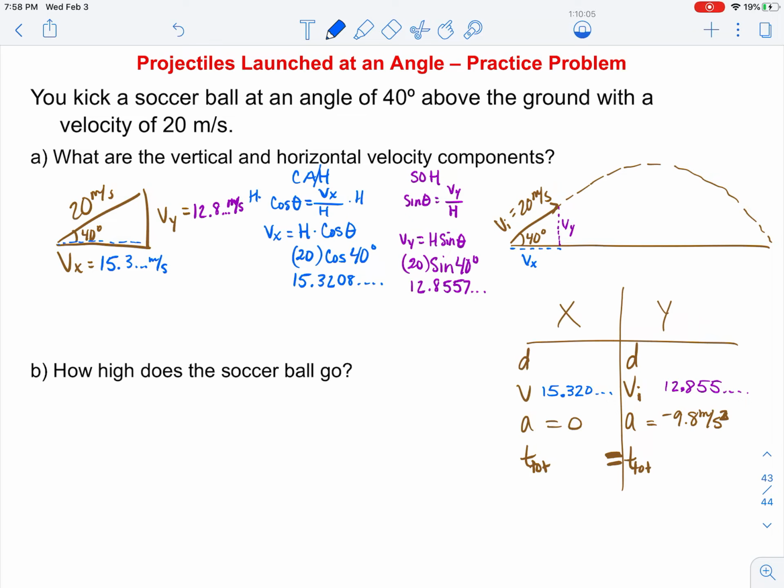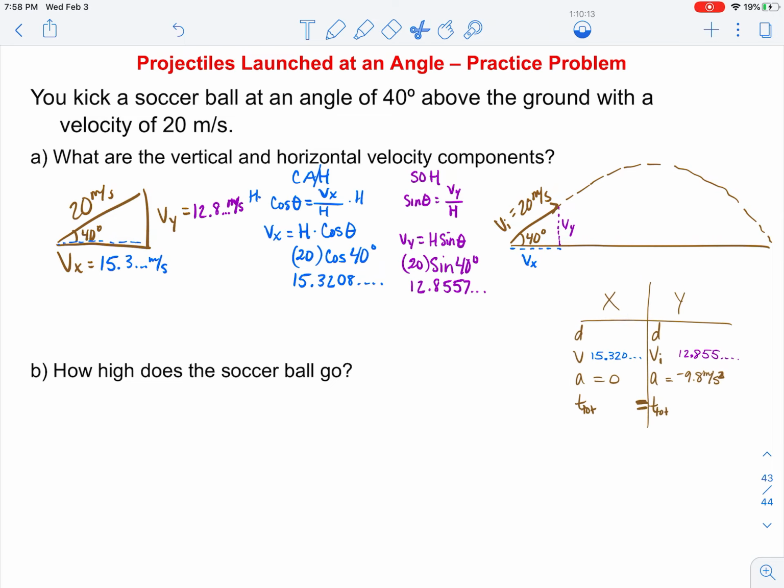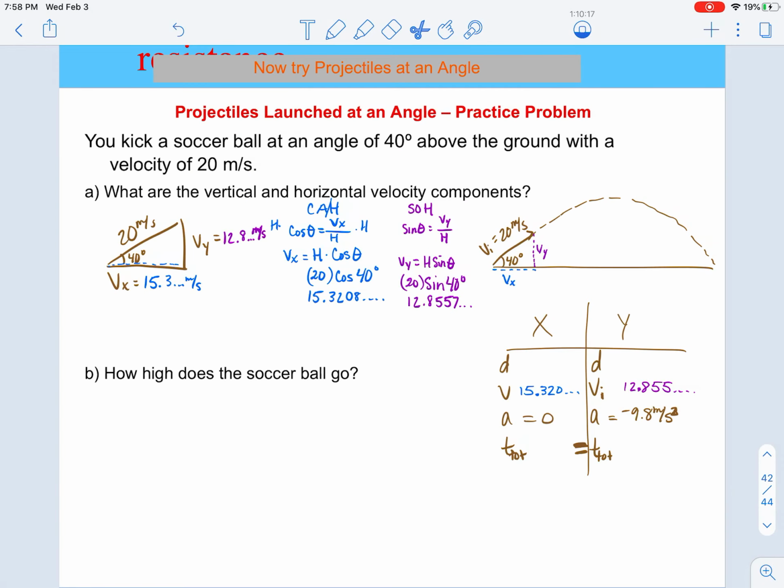All right, so question A was really just asking us to do the trig here. Question B should sound and look similar to things that we've already done in previous lessons.